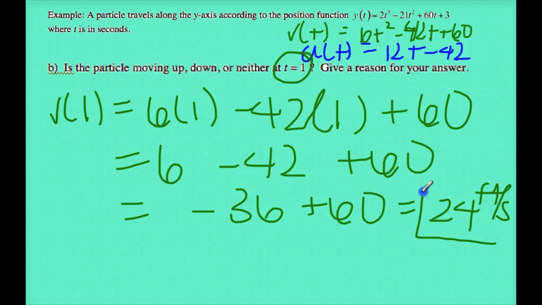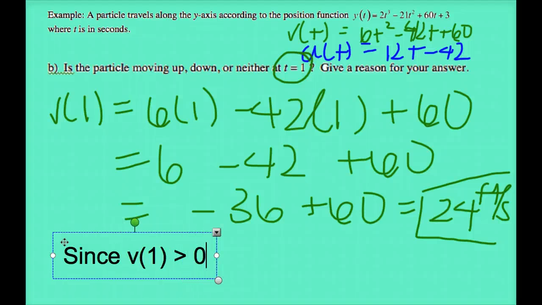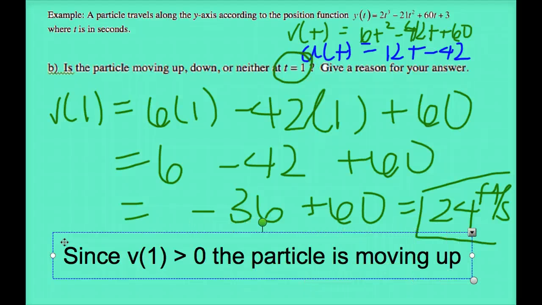Well, my answer is positive. So what I'm going to say is, since v of 1 is greater than 0, or you can say is positive, the particle is moving up. Good. So this is the work to show me that the particle is moving up.